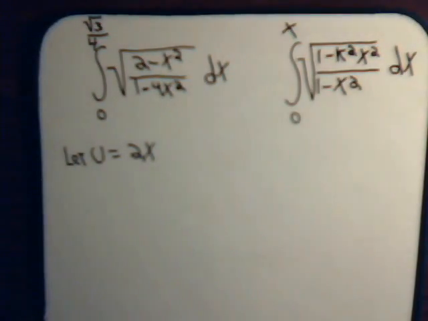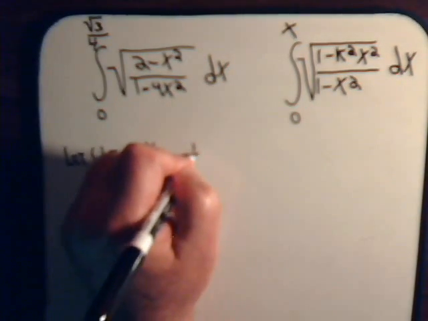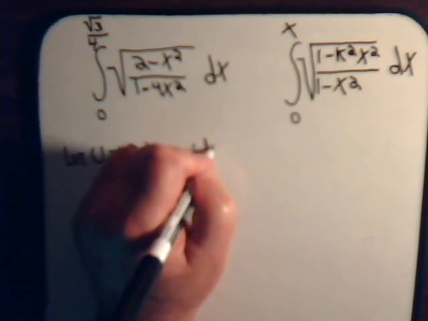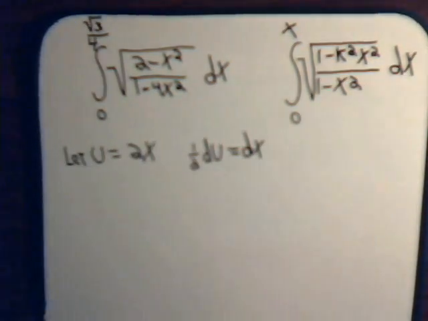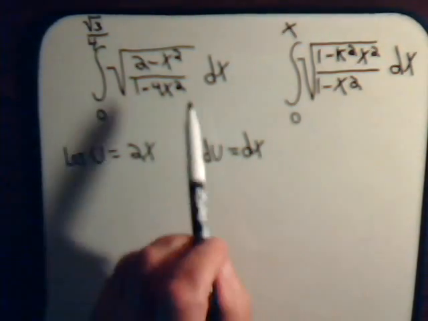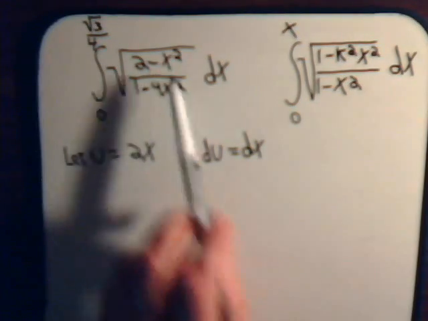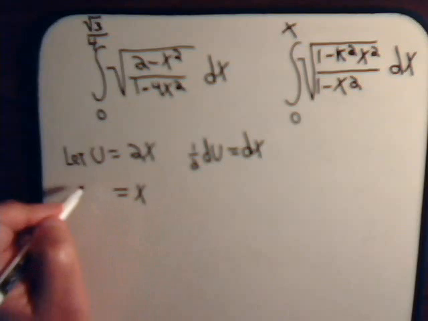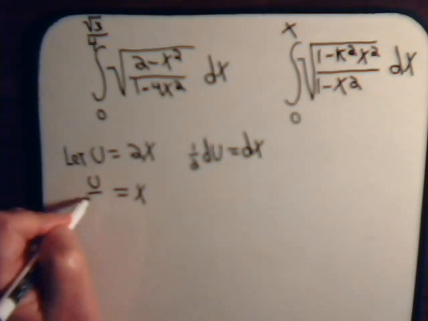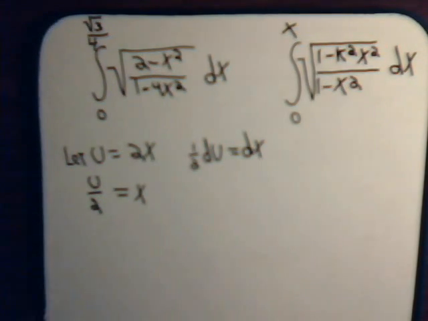Then if we do that, 1/2 of du will equal dx. Now up here we have x squared, but x is just u over 2. So we'll have a substitution for that.